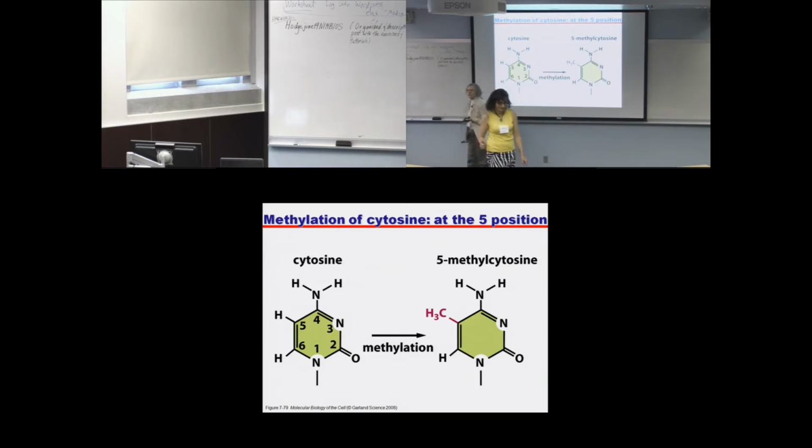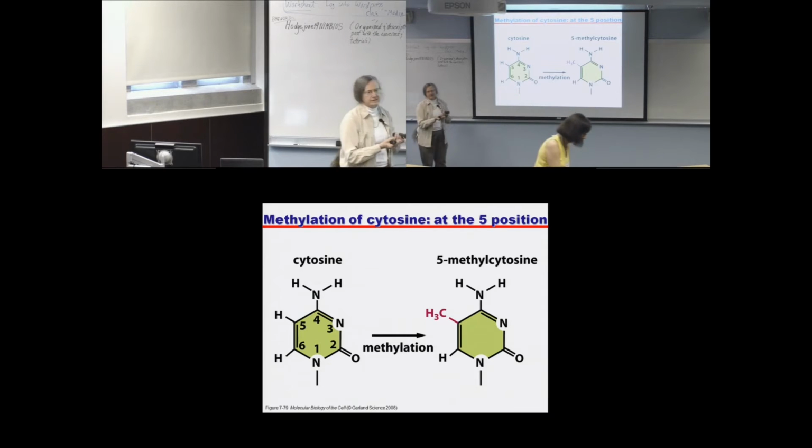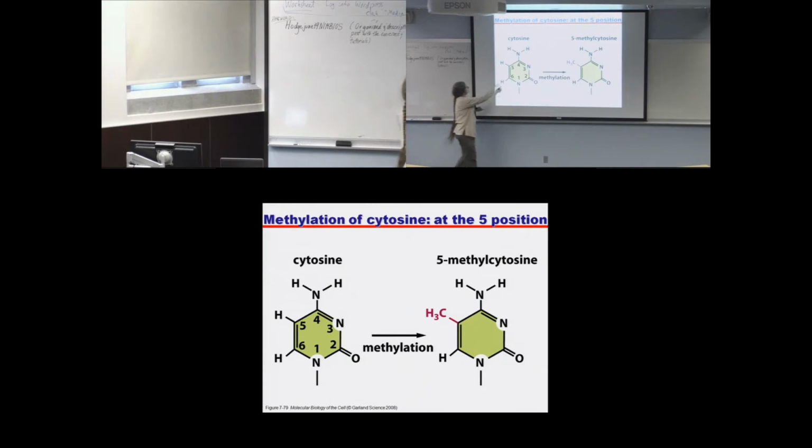So in order to explain this oddity, I have to talk about methylation of the Cs. This is cytosine, in its unmethylated form, it looks like this. And the methylated form just has a methyl group, CH3, in that number 5 position.